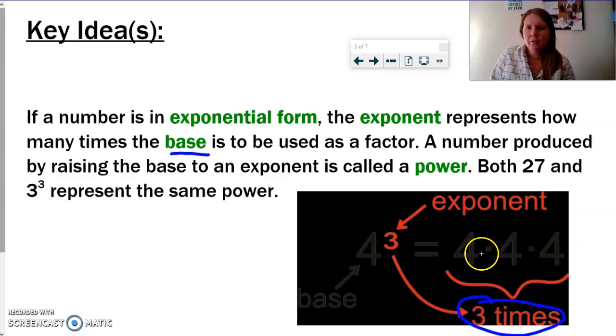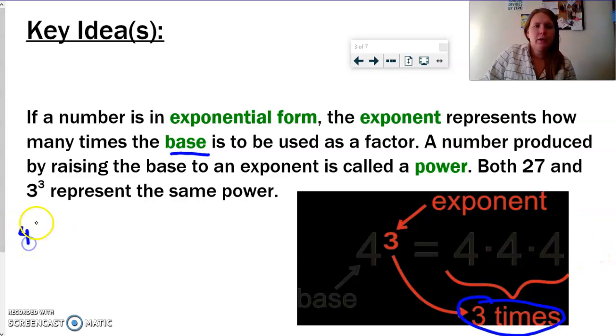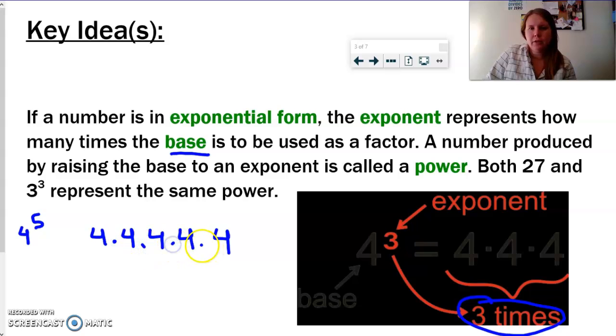I'm picking 3 fours because it says a number produced by raising the base to an exponent is called a power. So I'm taking it to the power of 3, so that means I have to write out 4 3 times. If I did 4 to the power of 5, I would have to write 5 fours, and they're all going to multiply by each other.